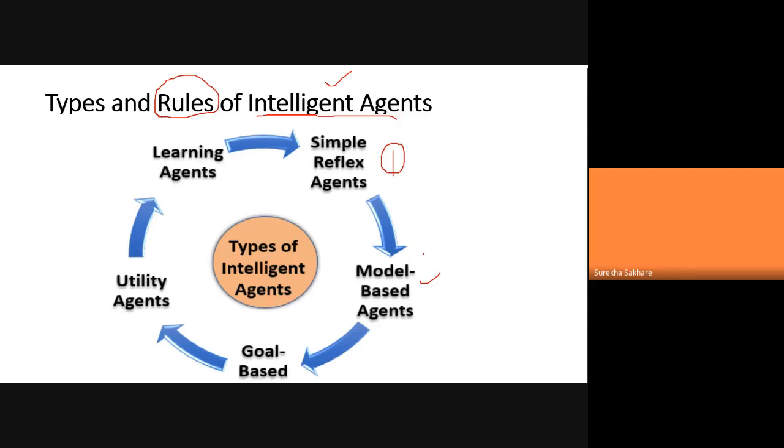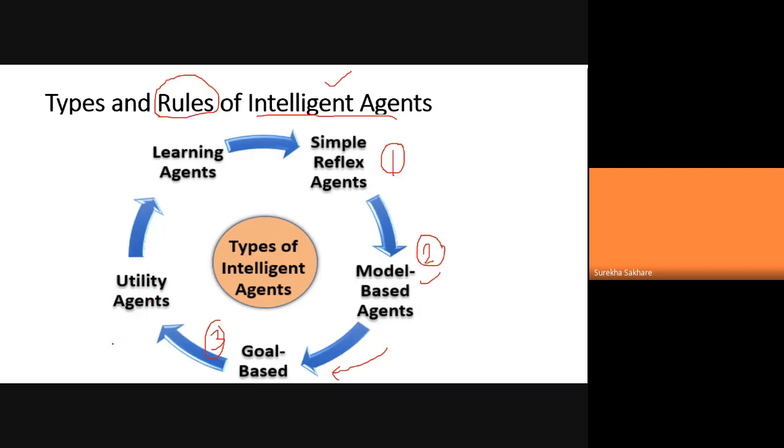Next in line is the model based agent, where the performance is better than the simple reflex agent. Now this is the goal based agent. Again the performance is going to increase compared to the model based agent.